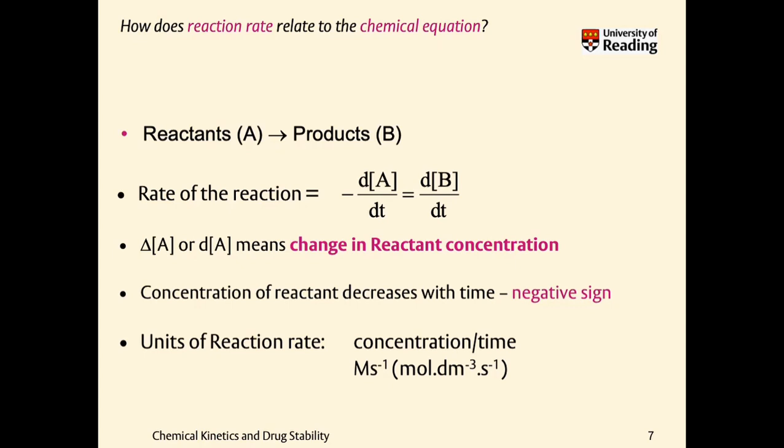So change in the rate of formation or consumption of reactants or products. As we saw in the thermodynamics lectures, the triangle is important. And so in our rate and our kinetics lectures, the small, lowercase d is also important. It tells us that it's changing concentration over time.